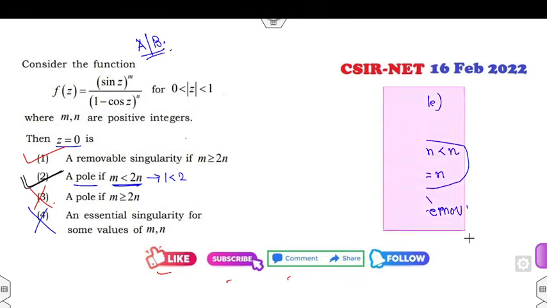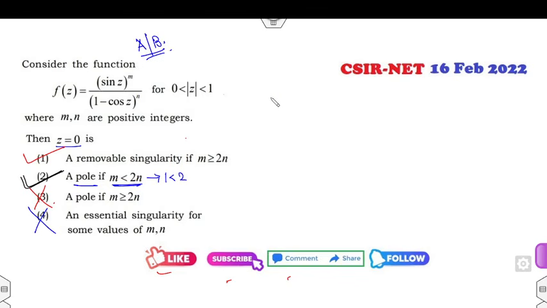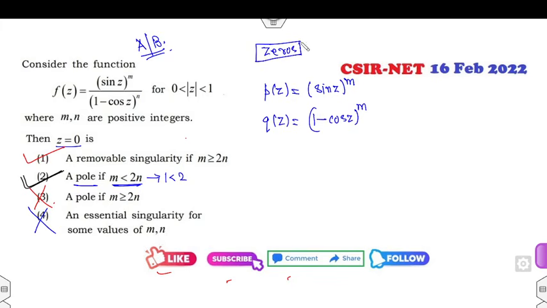Second method is you can find the zeros of the numerator. This is my numerator p of z, and q of z is my denominator. So can you find the zeros of this p and q? Forget about the m. If I simply take p is sine z, p dash is cos z.